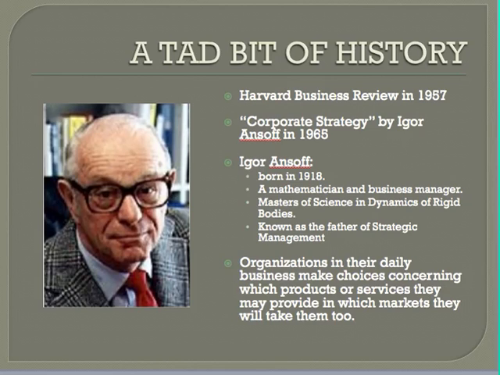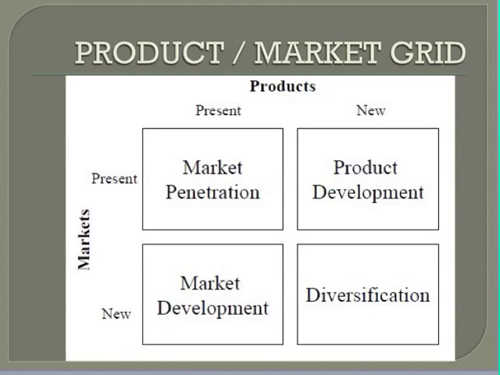Now, moving on to the product-market grid. What you are looking at are the 4 growth strategies: market penetration, product development, market development, and diversification. The horizontal line represents the products and the vertical line represents the market.